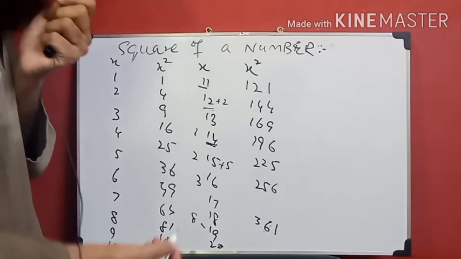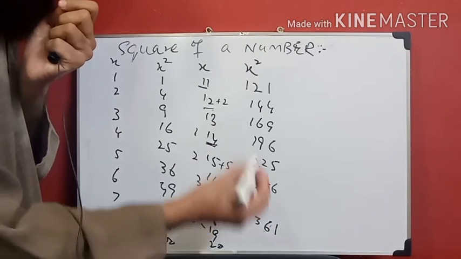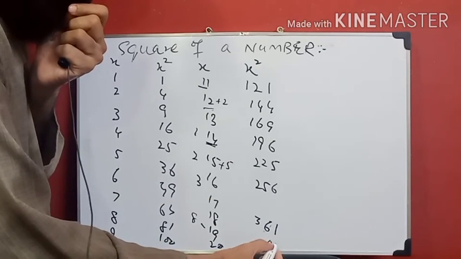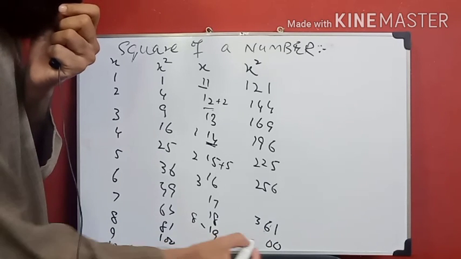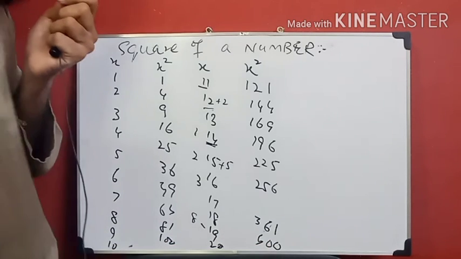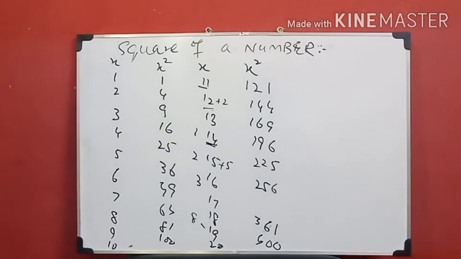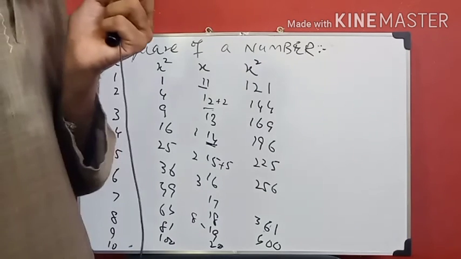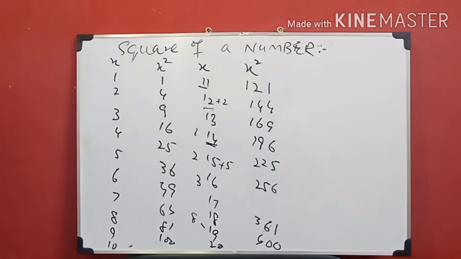And when a number contains the unit place 0, for the square of this number we always put 2 zeros, and the square of the 2 is 4. So how easy it is, and in the least time we find this.